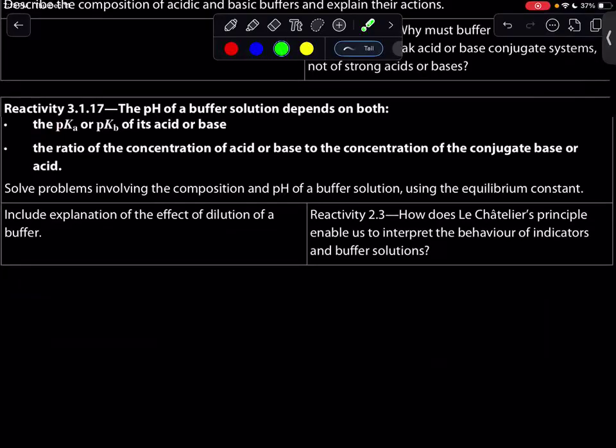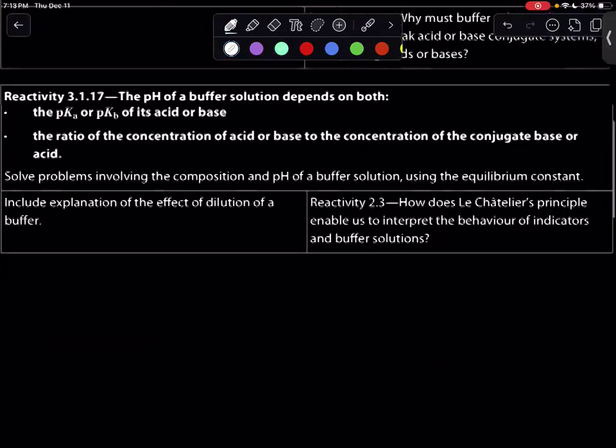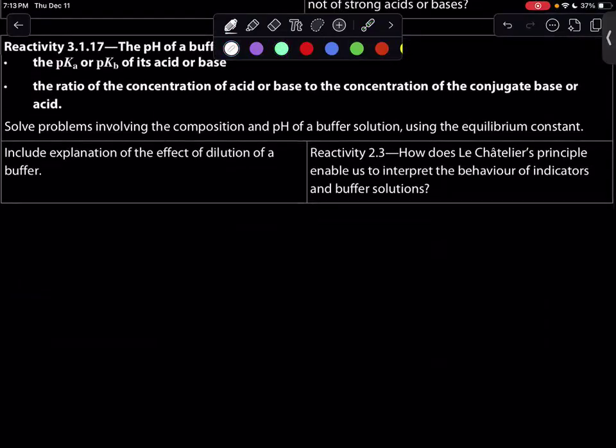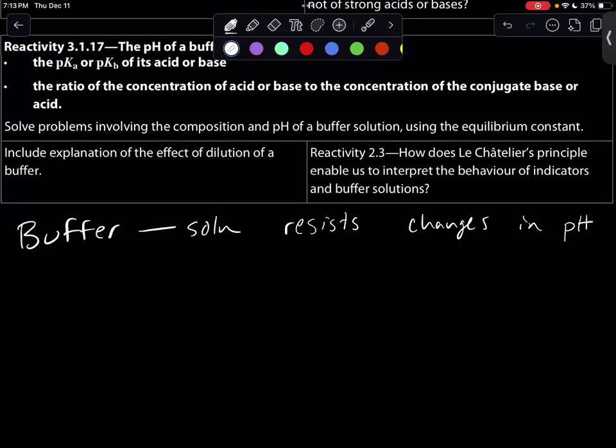So we mentioned buffers a little bit when we were talking about weak acids and weak bases and their titration curves, but what is a buffer solution? Well, a buffer is really just a solution that resists changes in pH, specifically when you add acid or alkali.